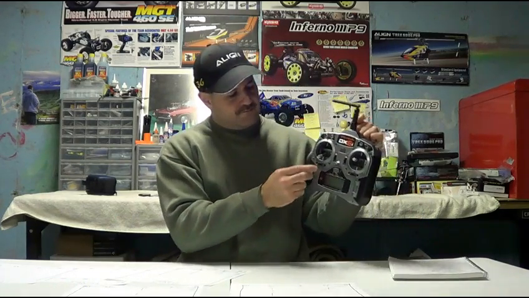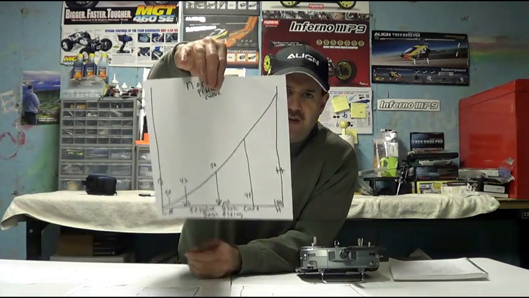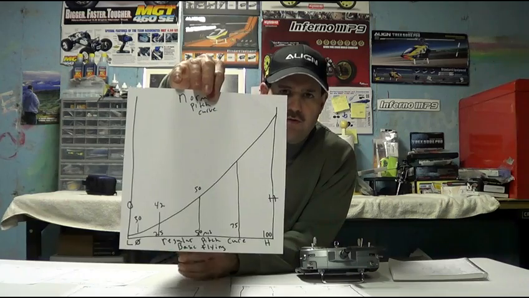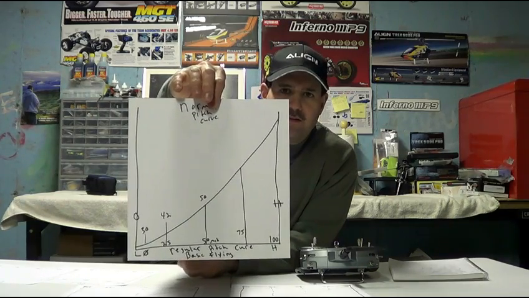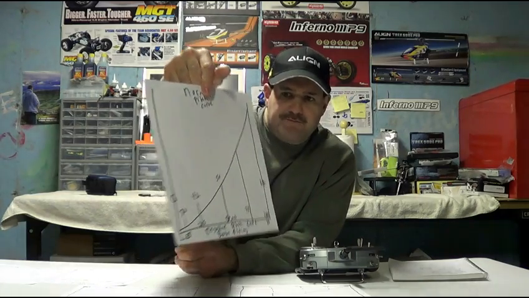So basically, showing you on here, it's the same principle: 0, 25, 50, 75, 100. I have mine tweaked a little bit differently. This is what I gave you here, guys, a basic setting: 0, 25, 50, 75, 100 for a normal pitch curve setting.